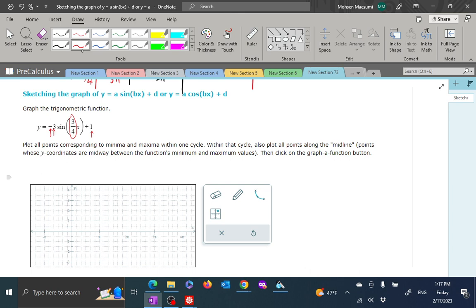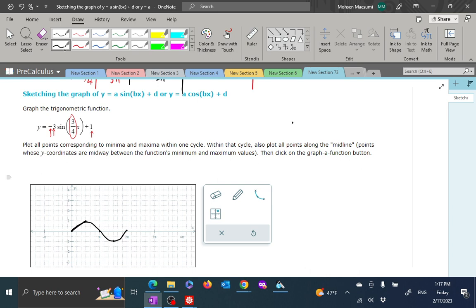So we start with our sine as usual. Sine. Okay.